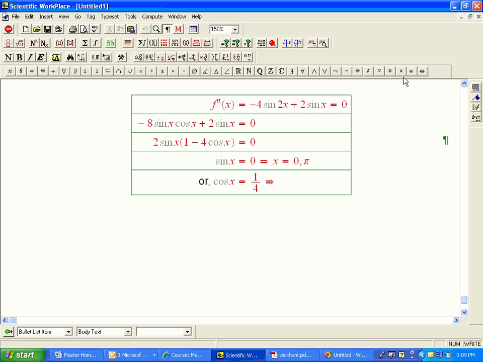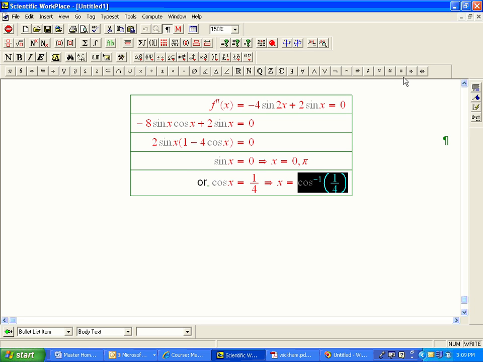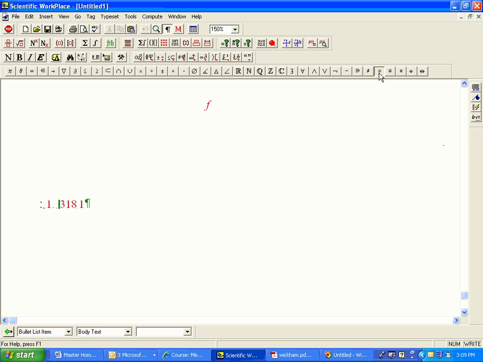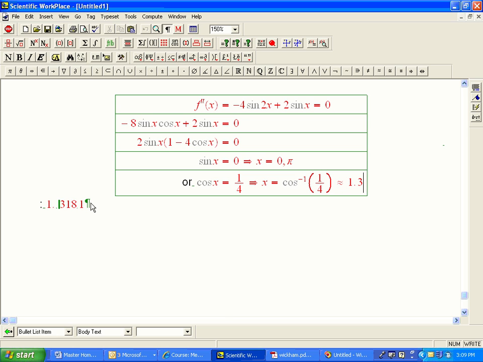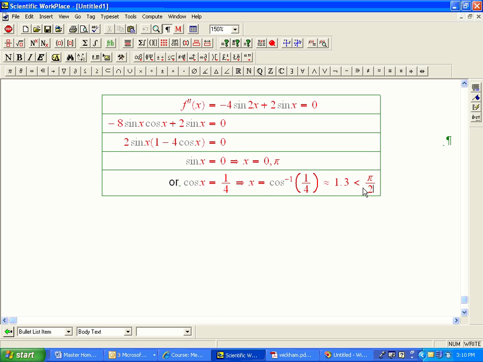That's going to be x equals inverse cosine of 1/4. And what is that? That's about 1.3 radians. So a little before pi over 2, because pi over 2 would be 1.57. I'll put a little less than pi over 2. Okay, so that's going to be an interesting value.